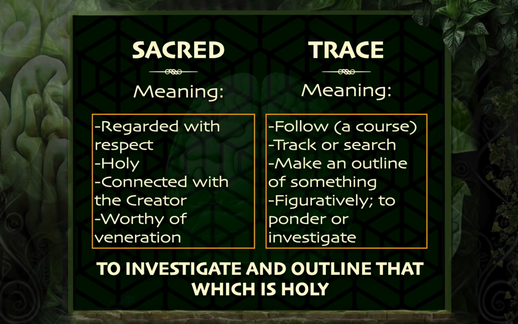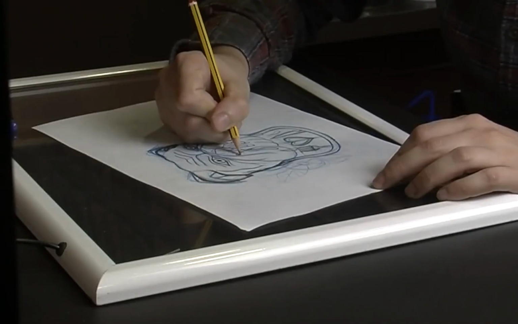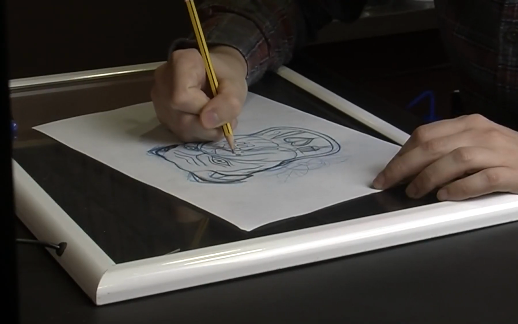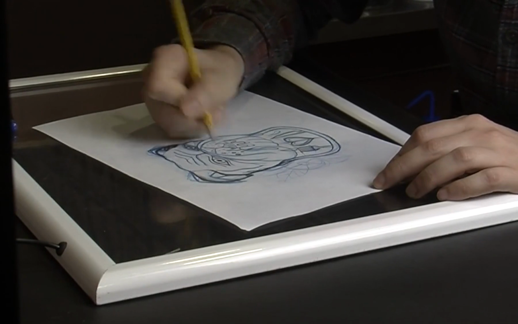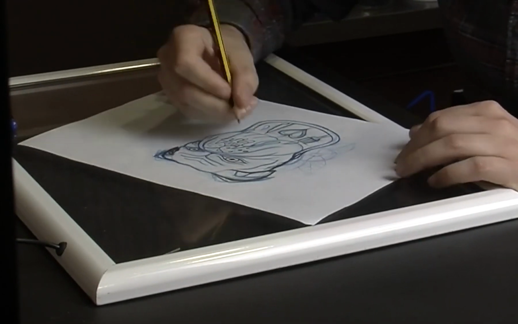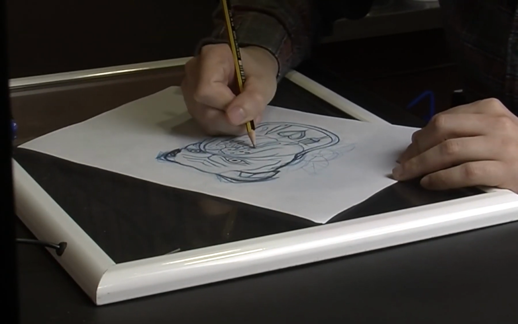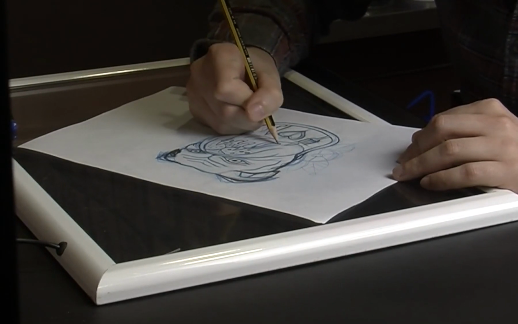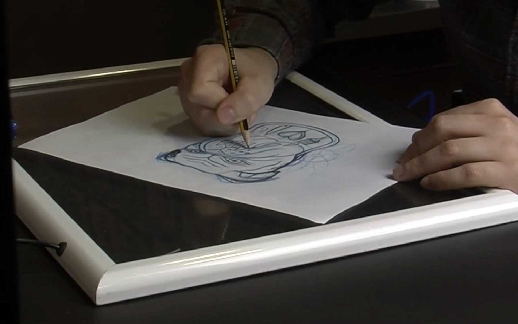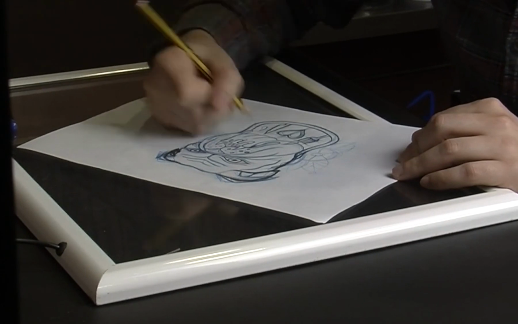Now, when I was a child, I used to sometimes get a picture of an animal or a cartoon character, and I would take a thin sheet of paper and I would begin to trace the image out.